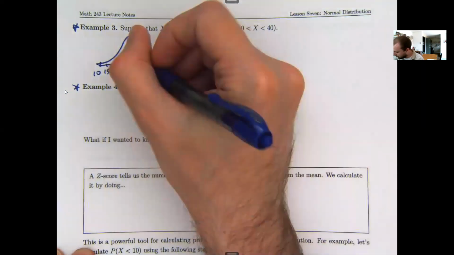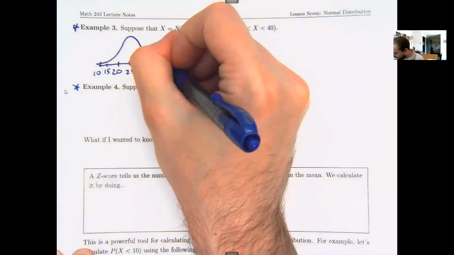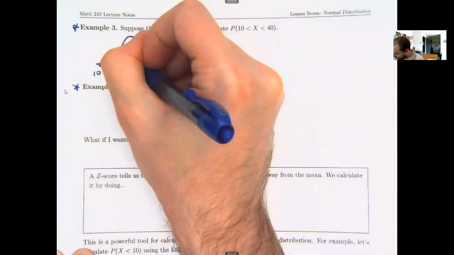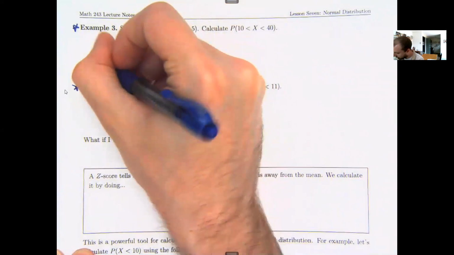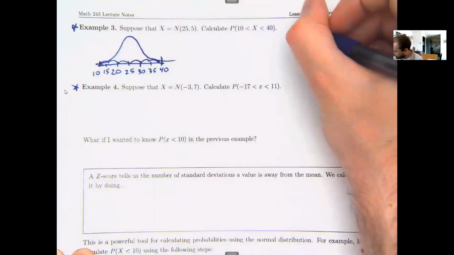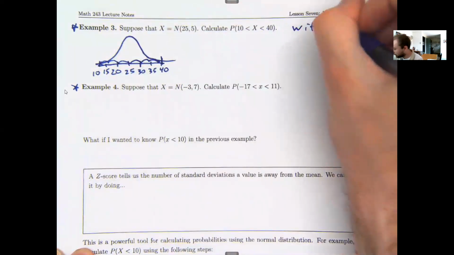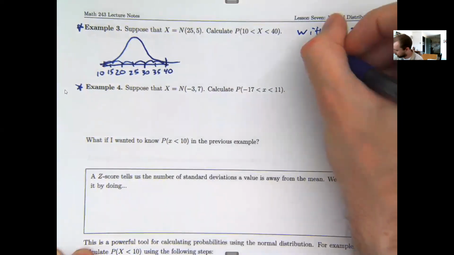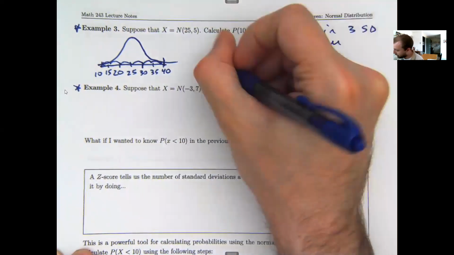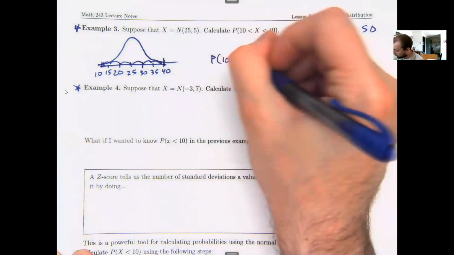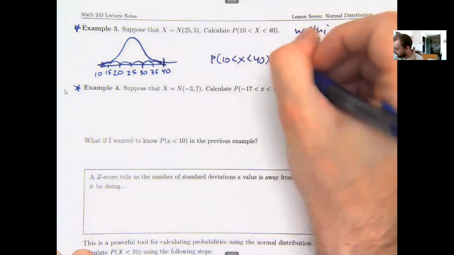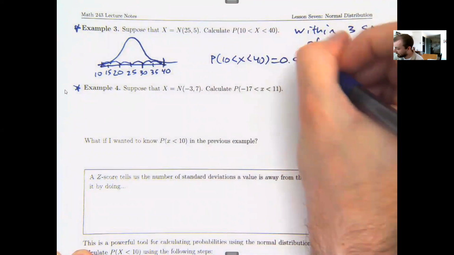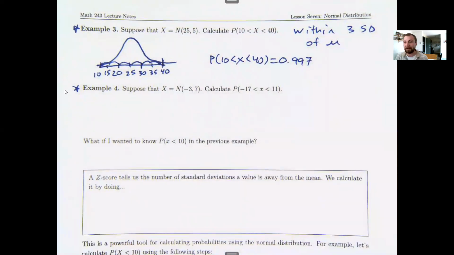Between 10 and 40, this is 3 standard deviations up and 3 standard deviations down. If I am within 3 standard deviations of the center, this is telling me I have approximately 99.7% of the area by the 68, 95, 99.7 rule.